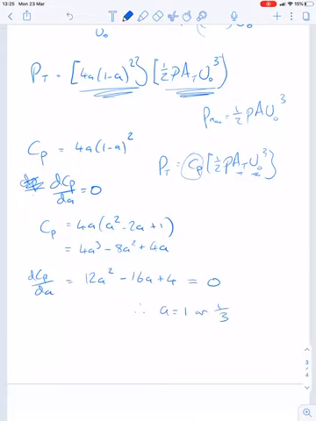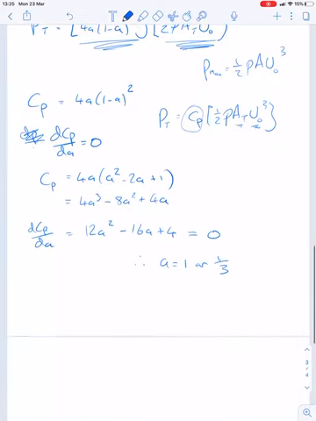So this means that obviously if A is 1, then this solution here is trivial because it's just the same as our incoming wind power equation. So the actual solution is that A equals 1 over 3.